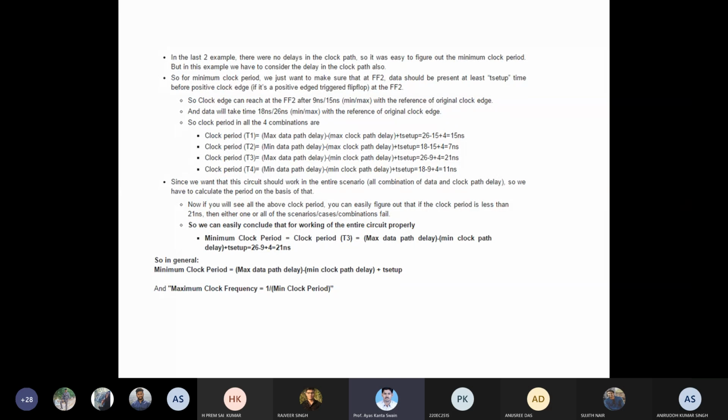Now from here, you have to find the maximum clock frequency by inverting it. Just remember there are a few formulas coming out of this discussion. If you know these, and somebody asks, you can directly give the formula instead of analyzing the things.